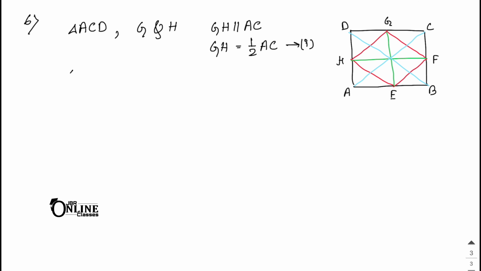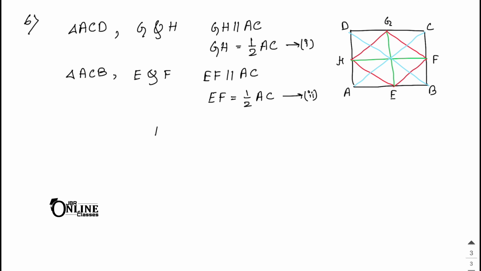Now in the next triangle ACB, E and F are the midpoints. That means EF is parallel to AC and EF is equal to half of AC. So from 1 and 2 you can write down EF is equal to GH.